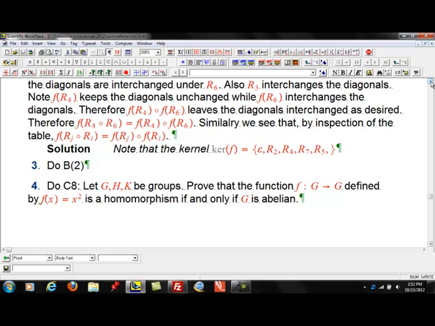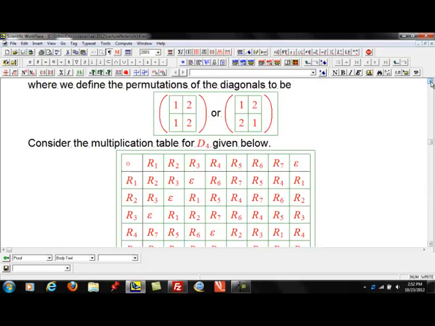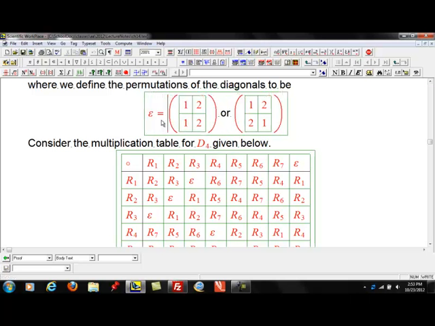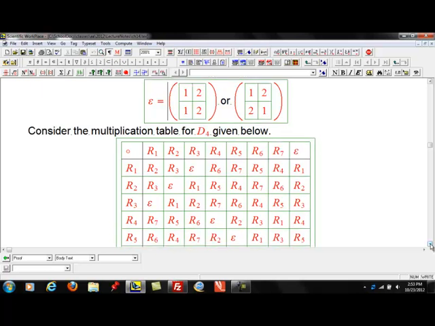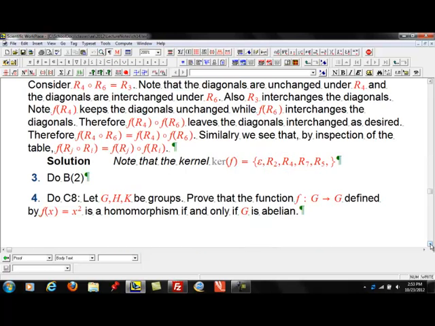So I'm looking to find which ones of R1 to R7 have this operation on just those two diagonals. Tell me about the behavior of R3 on that page.